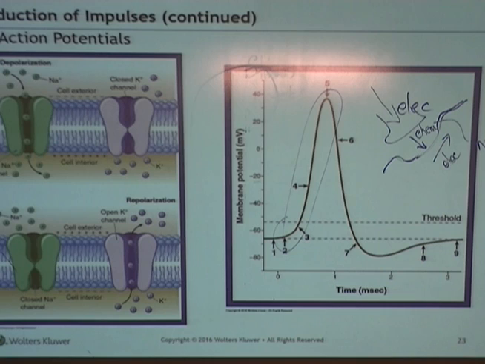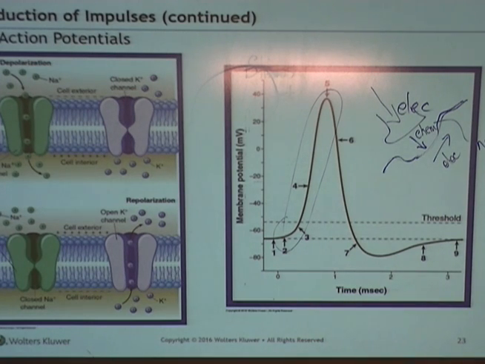Then we have inhibitory neurotransmitters, and they prevent depolarization. Right? So sometimes your brain might not want all the nerve signals transmitting and causing contraction.